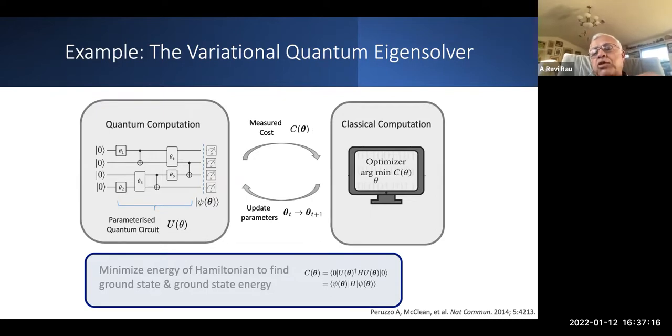So it could be that your psi of theta has done a good job of describing the small distance behavior, so it has given you a good energy. But if you are now interested in something about the extremities of the atom, the wave function at very large distances, it might be quite poor for that, because it doesn't contribute that much to the energy or to your C of theta in your language.